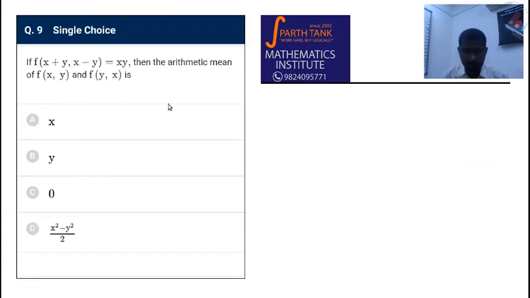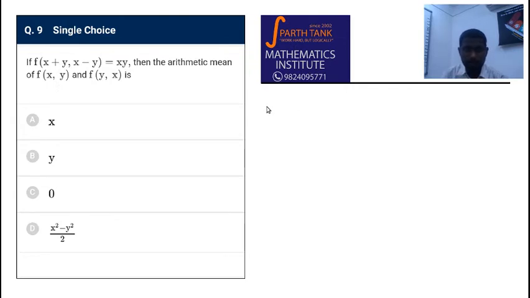Question number 9. If f of (x plus y, x minus y) is xy, then the arithmetic mean of f of (x, y) and f of (y, x) is what? So first of all, let us try to find what is f of (x, y), right?